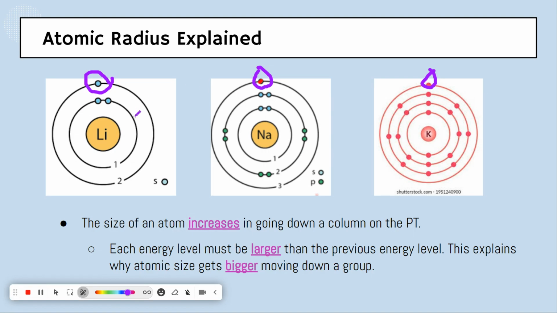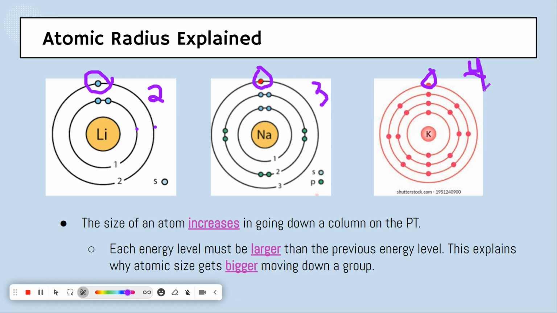So what we're looking at is what changes as you go from lithium to sodium to potassium. If we use our Bohr models, what we can see is lithium has 2 energy levels, sodium has 3 energy levels, and potassium has 4 energy levels.